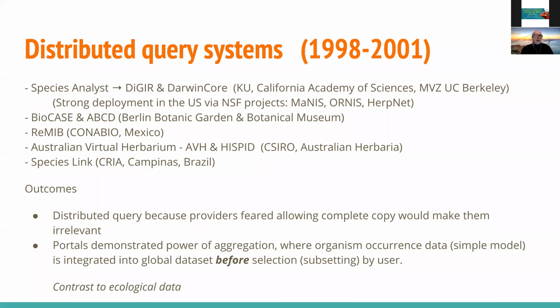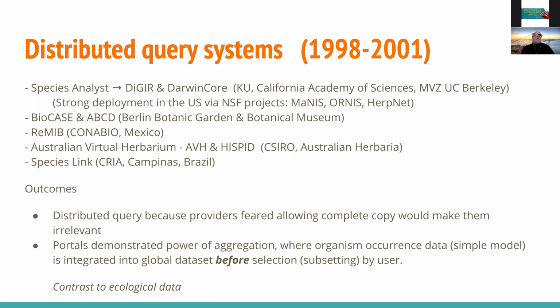If you gave your information away to somebody else, would you then become irrelevant? Would anybody ever go to you to ask for information, or would you just get subsumed in the dominant aggregator, if you will? So there was a lot of concern about sharing information, and people said, well, I'm happy to have people query my systems, and they don't have to do it directly from me, but I'm not sure I'm ready to give away the store yet.